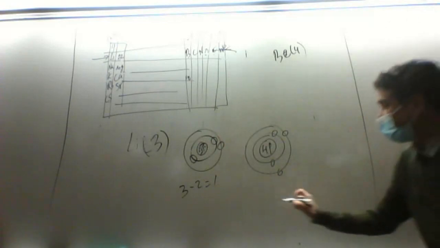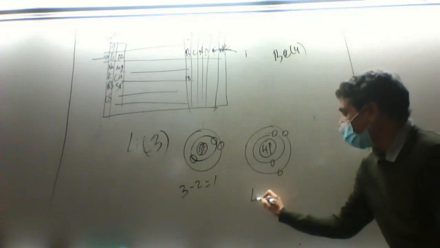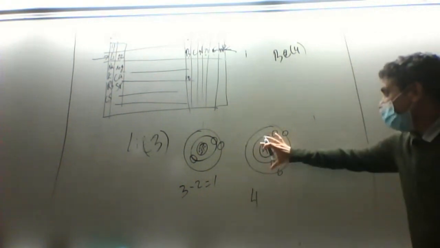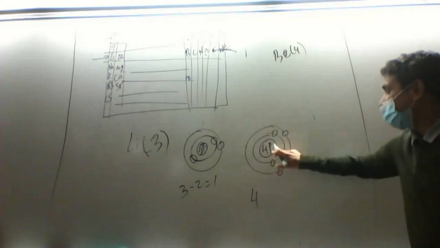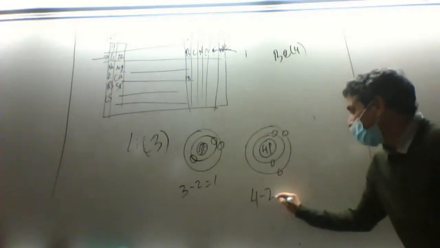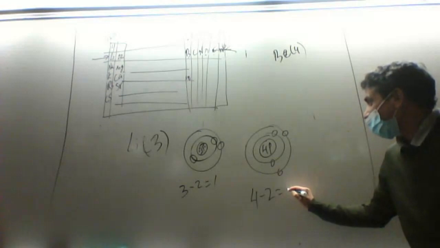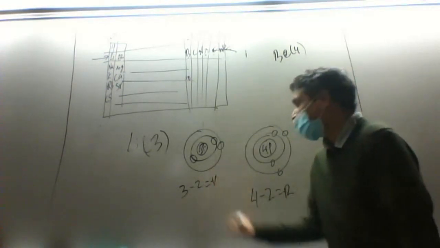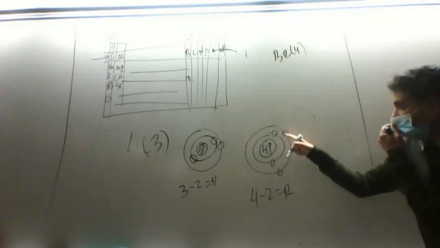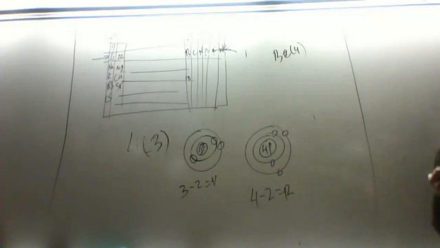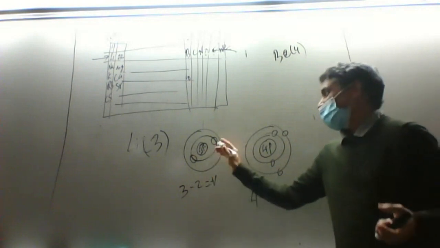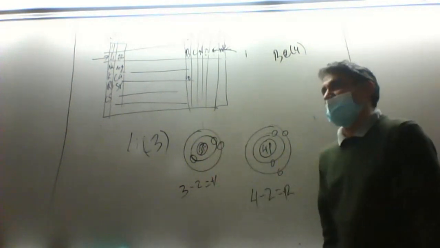Now let's calculate the effective nuclear charge. I have 4 protons, 4 plus charge here. Out of 4, some is neutralized by these 2 electrons. So I minus 2, and I get plus 2. Before, I wrote plus 1, right? So you see these 2 electrons are attracted by a plus 2 force. It was just attracted by 1 force before, so it really didn't move toward the nucleus.